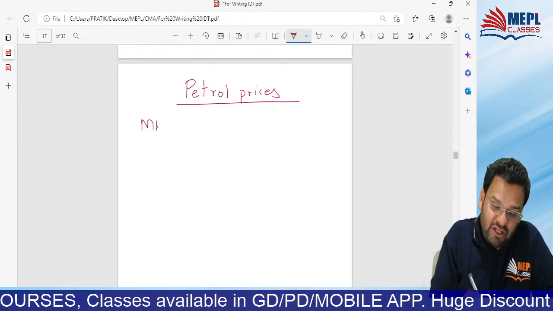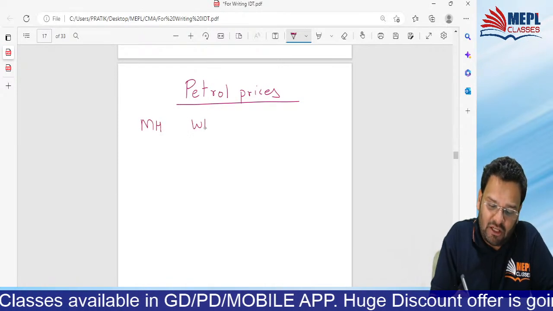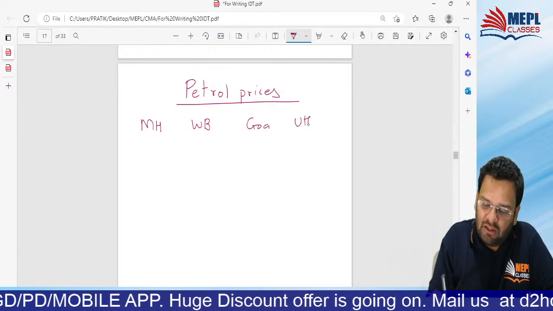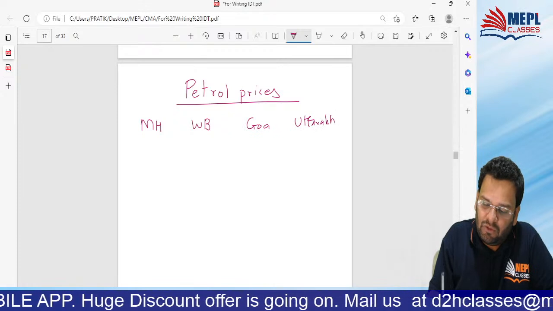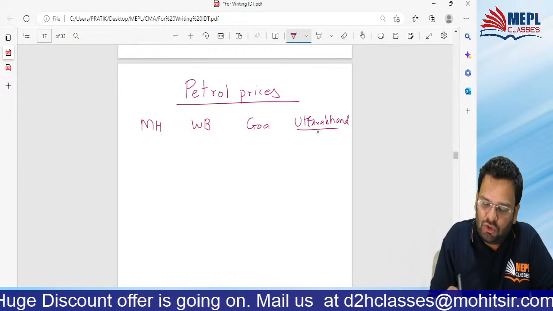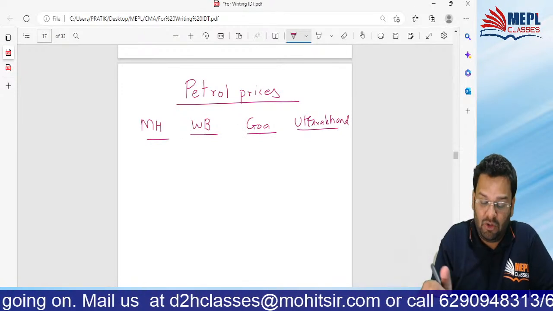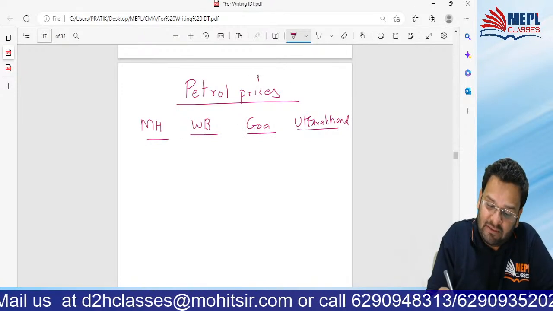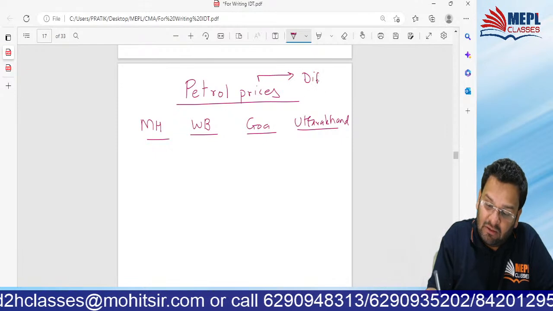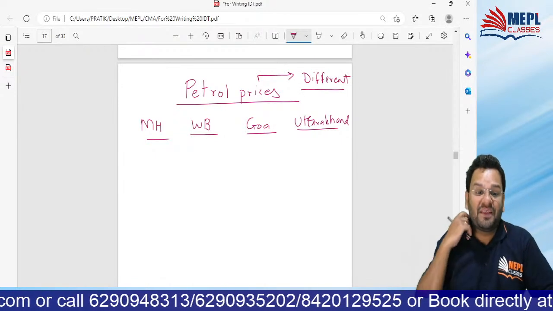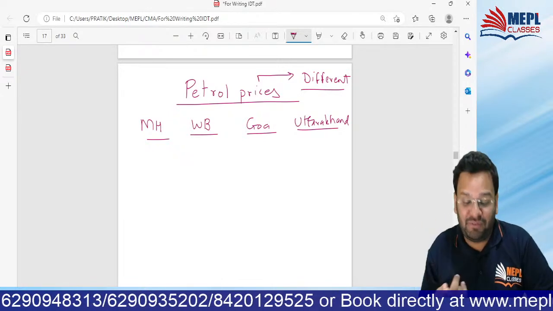If you check petrol prices in Maharashtra, check petrol prices in West Bengal, check in Goa, check in Uttarakhand. You do this exercise. Try to check petrol prices in these 4 states. Petrol prices in these 4 states will be different. I guarantee you they will be different.